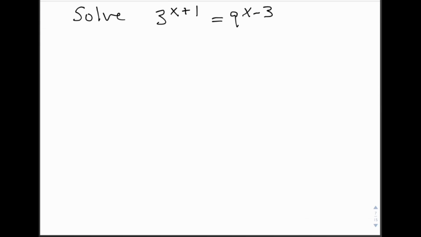We are now dealing with 3 raised to the x plus 1, and it's equal to 9 raised to the x minus 3. Again, we want to try to get each side with a common base. We want to try to get that 9 down to a base of 3.